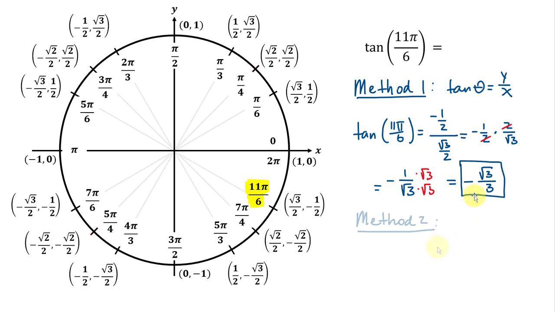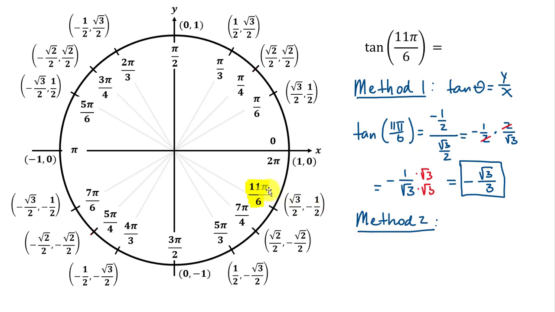What is method 2? For method 2, we're going to use the reference angle, because I know that tangent of the reference angle will have exactly the same numerical part as tangent of my angle. How do we find reference angles for angles expressed in radian measures? Well, it's actually very easy, because we already talked about how all related angles are going to have the same number in the denominator.